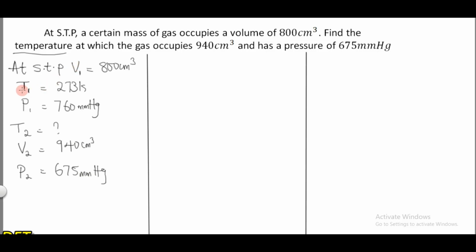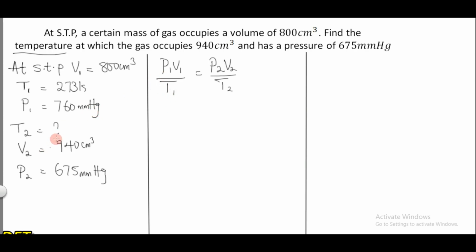Since we have volume, temperature and pressure, it is the general gas equation, or the combined gas equation, that describes this. So we'll apply the general gas law: P1 V1 over T1 is equal to P2 V2 over T2.